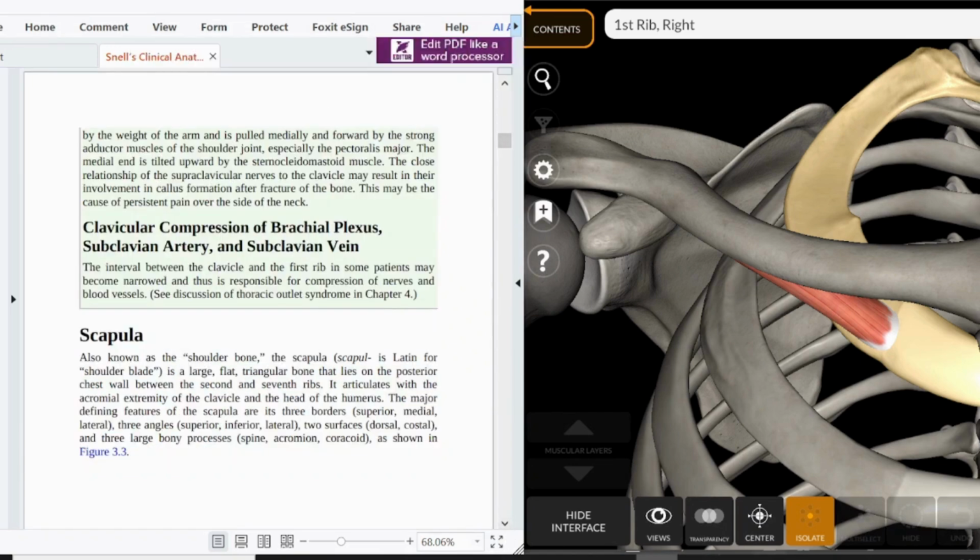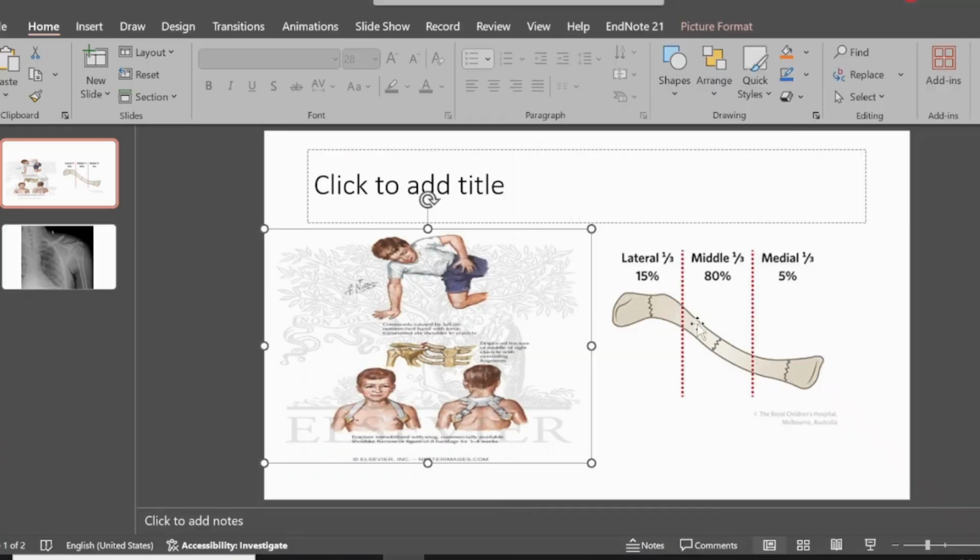So most of the fractures occur at the junction of the middle and lateral third.